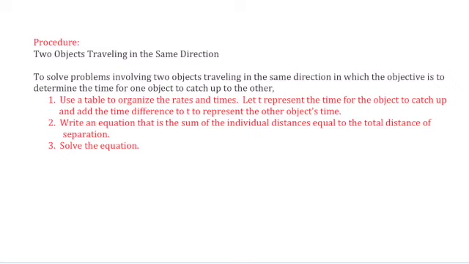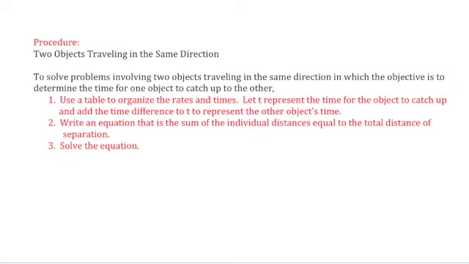In this case, it was the 15 minutes between passing the exit at 1:30 and 1:45. But that needs to be changed into a number for calculation. So that 15 minutes is really a quarter of an hour, okay? And then after that, add the time difference to t to represent the other object's time.